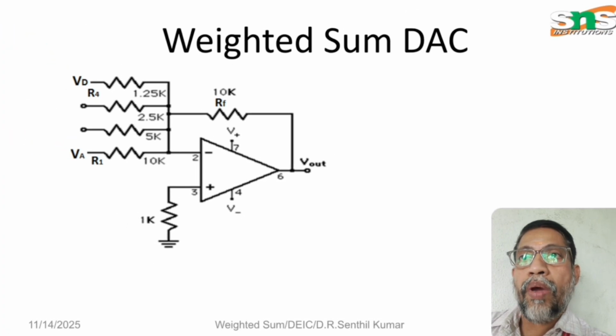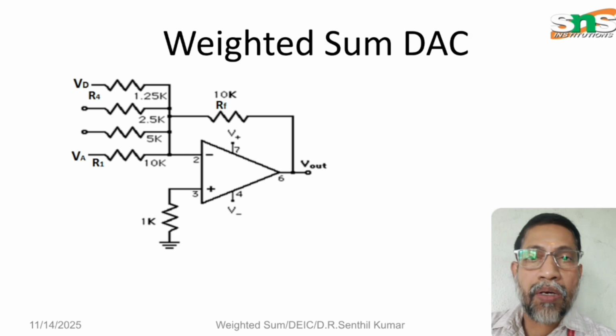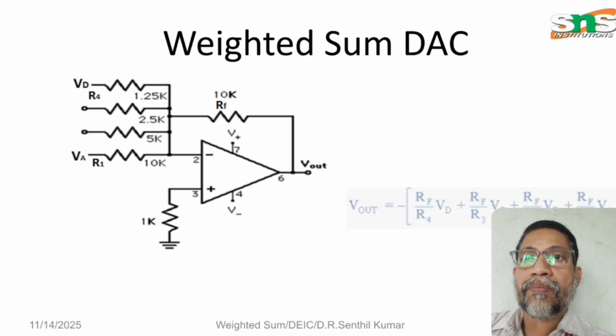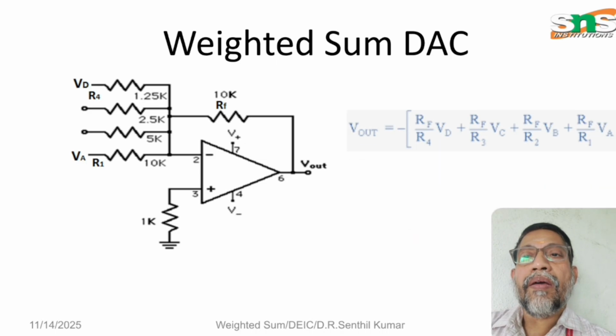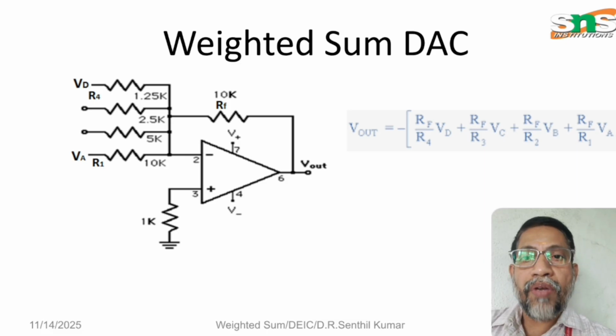Now this is the weighted sum DAC circuit. For the summing amplifier, you already know that the output voltage Vout is given as minus of RF by R4 into VD plus RF by R3 into VC plus RF by R2 into VB plus RF by R1 into VA.